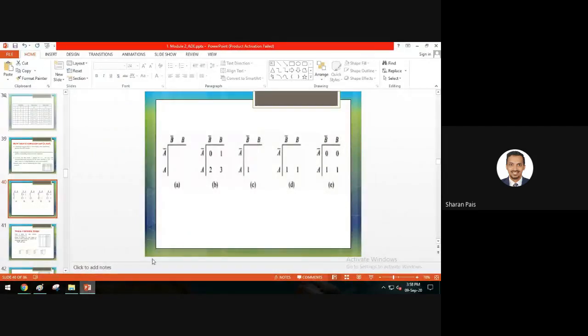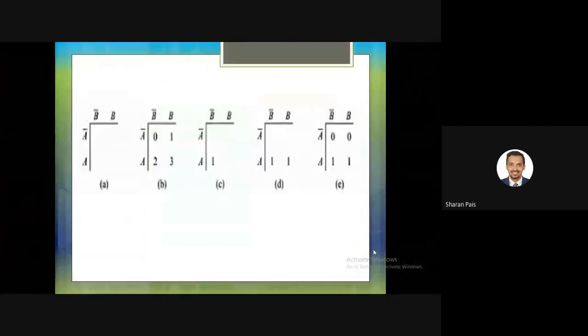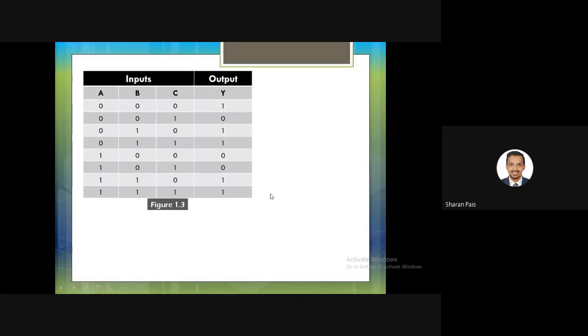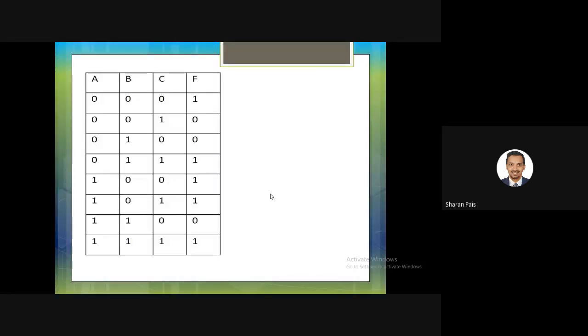Homework is for the previous, whatever you had now. So write the K map for this table. Write the K map for the following tables.